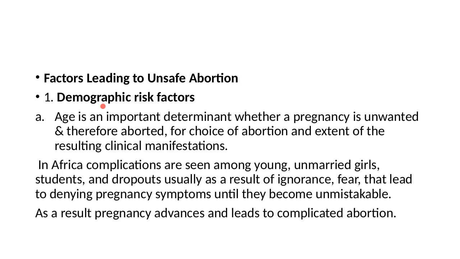So among demographic characteristics, number one is age, where abortion is highly practiced by the young, school girls who are unmarried, who are students, or even dropouts, usually as a result of ignorance, lack of knowledge, and fear.